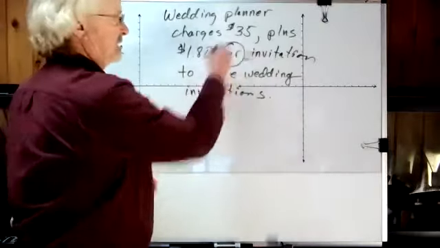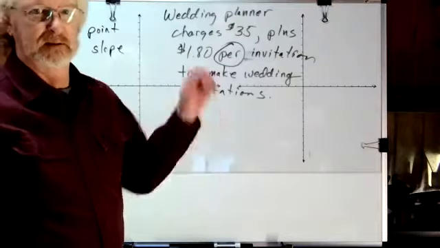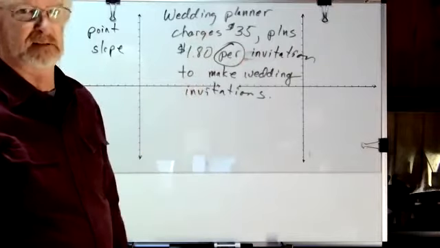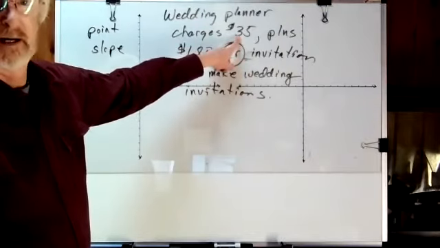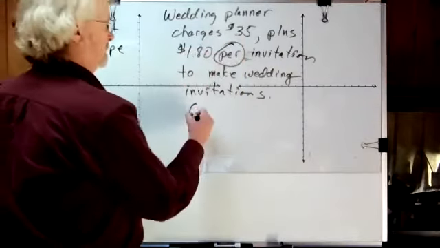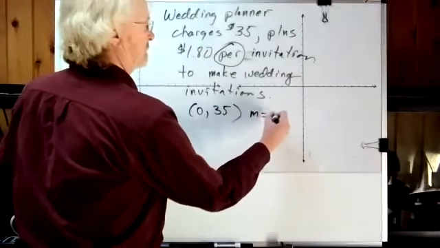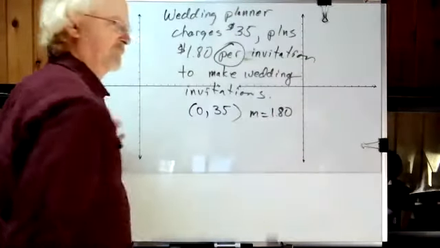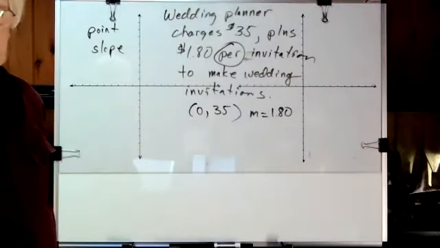This is almost like a clue that that's your slope. If you get a rate, something per this, that's your slope. Y-intercept, slope. See how I pulled that out of the word problem.